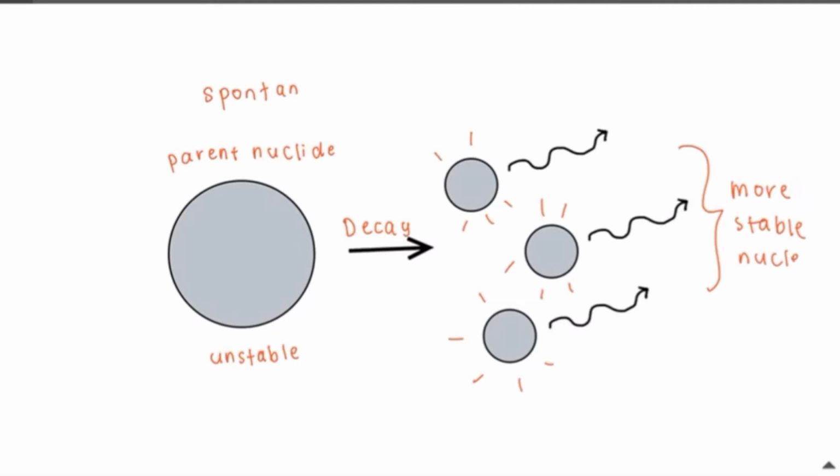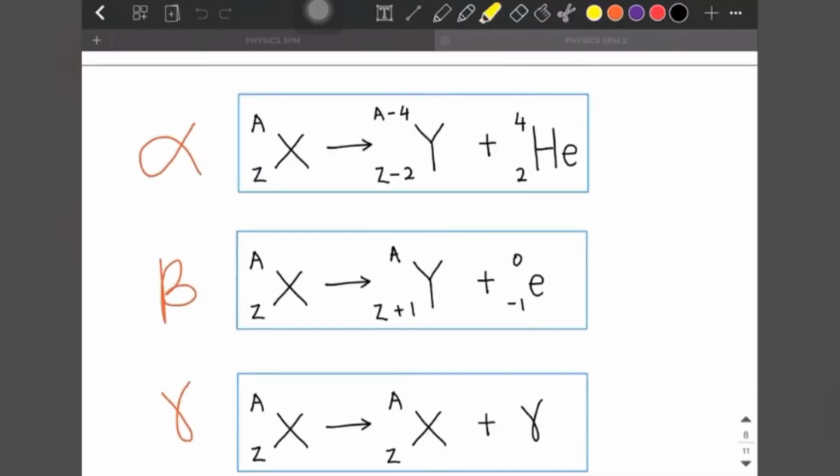In this section, I am going to show you the equations to represent the changes in the composition of the nucleus when the particles are emitted. For alpha decay, the emitted particle is an alpha particle, or helium.